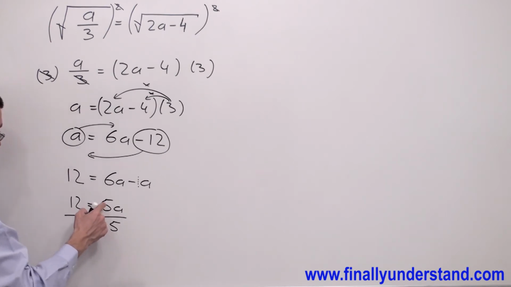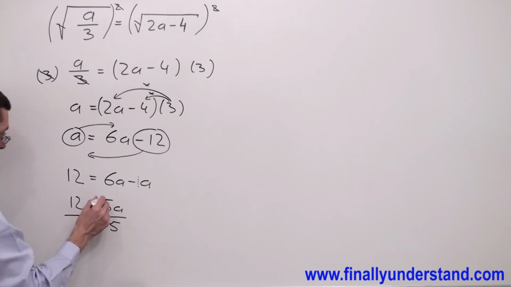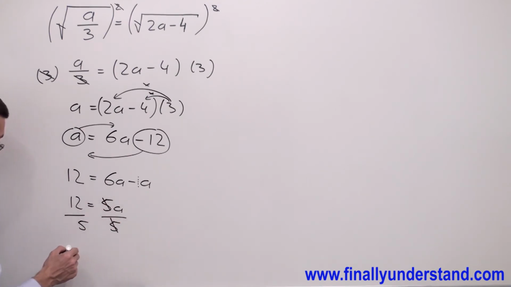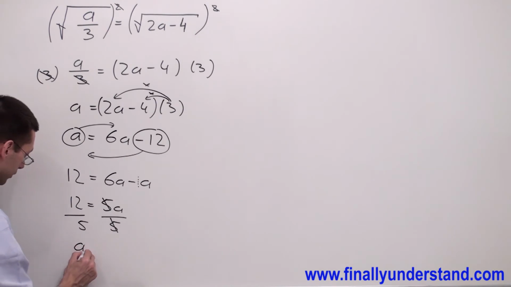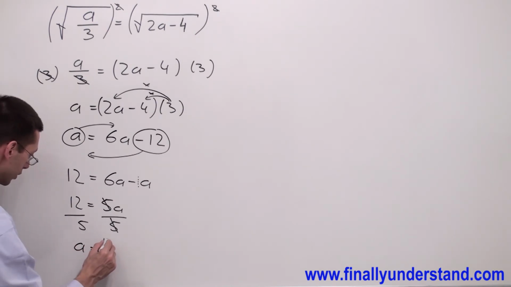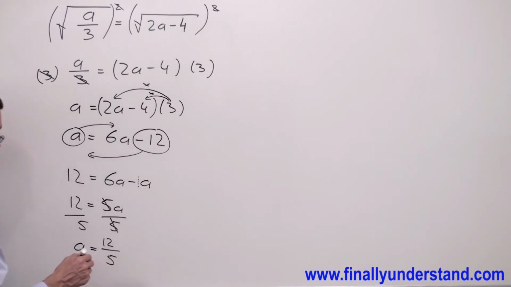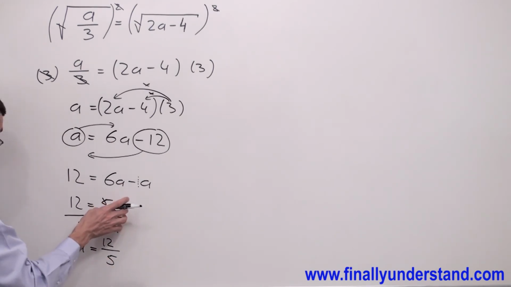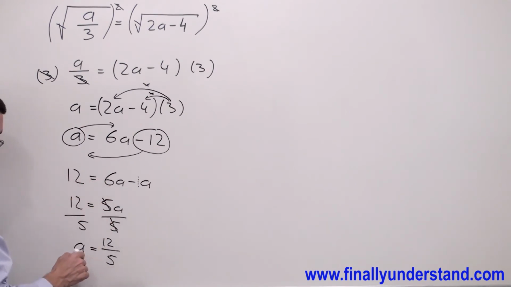Remember, whatever you do on one side of the equation, you have to do also on the other side. 5 and 5 will cancel out, and I'm going to have a equals 12 over 5. Remember, anytime we're moving everything from right side to left and everything from left to right, we don't change the signs. Okay, so we can say this is my solution.